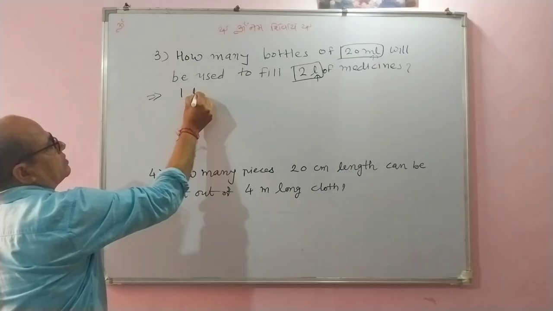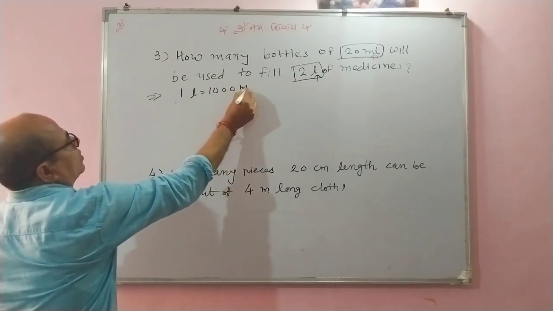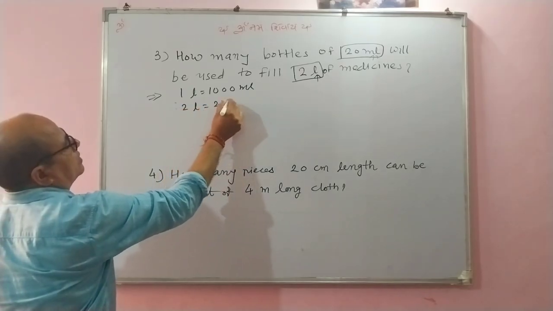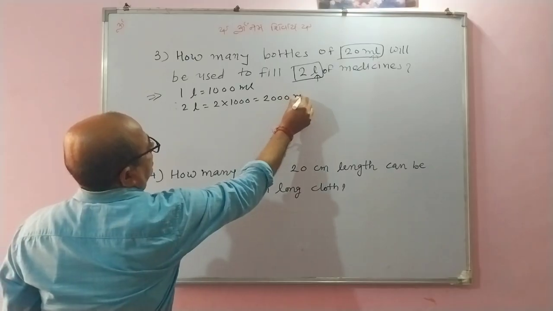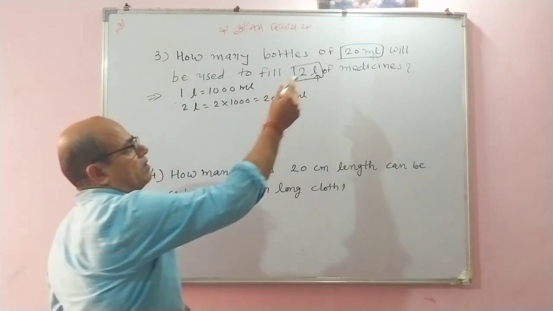So 1 liter is equal to 1000 ml. Therefore 2 liters is equal to how much? 2 into 1000 is equal to 2000 ml, right? Now what is the capacity of the bottle? 20 ml.